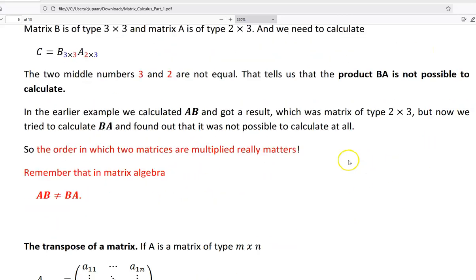So this is important to notice, that in matrix algebra, A times B is not the same as B times A. Even though in these examples AB was possible to calculate, but BA was not possible to calculate. But even though they were possible to calculate, mostly they will not give the same result. There are some exceptions. In some cases they will give the same result or same product matrix, but mostly not.